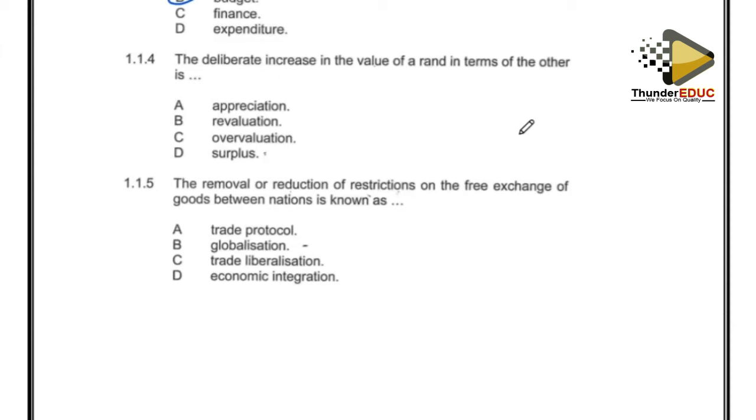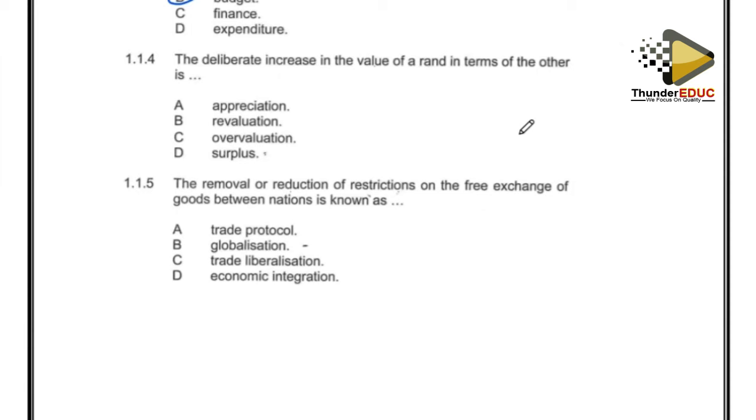But now, when it comes to revaluation, it calls for the intervention of the central banks. So in South Africa, the central bank that we have is called the South African Reserve Bank. So it means that revaluation is when the South African Reserve Bank chips into the Forex market to make sure that they give value to a given currency compared to another currency.